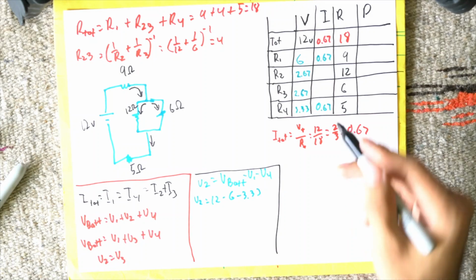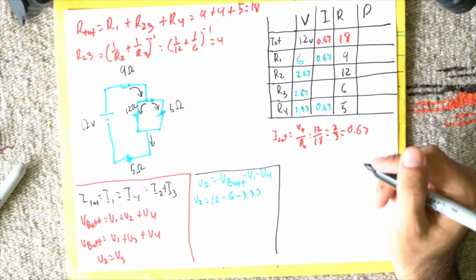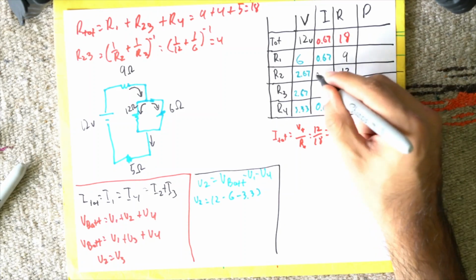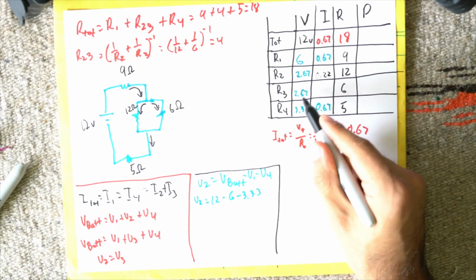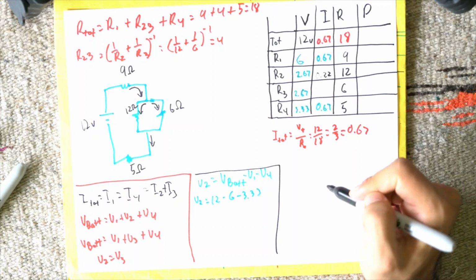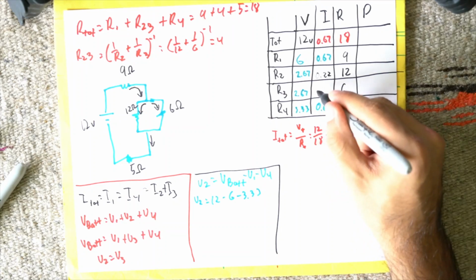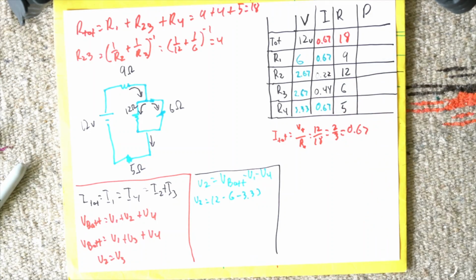So we have to do 2 2/3 divided by 12. If you actually do that, that's 2/9, and that's 0.22. And if you do this, 2 2/3 divided by 6, that's actually going to be 4/9, and that would be 0.44. Maybe I should write that out.